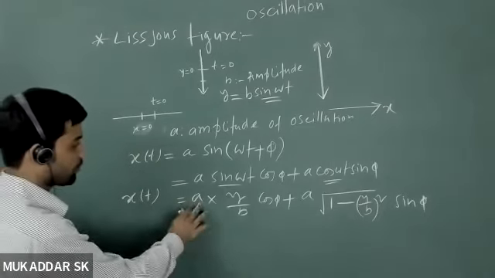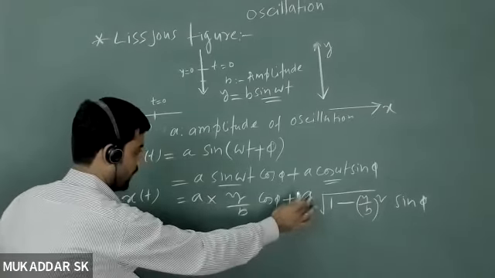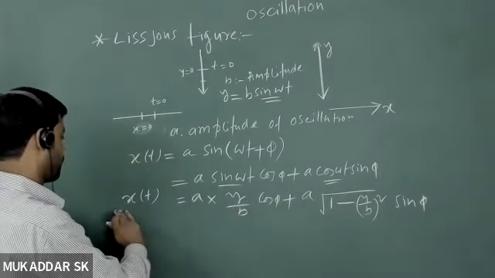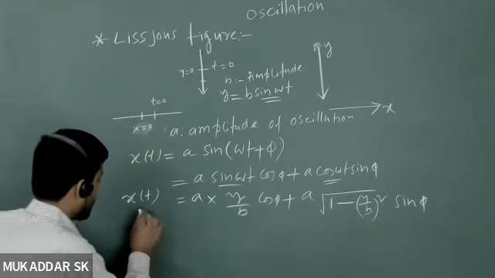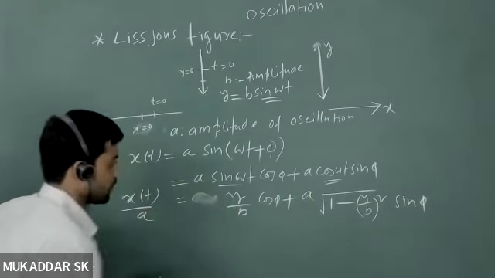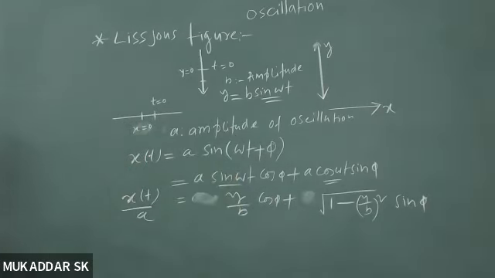Now you see, a is common in this term also. I can take this a outside and divide on the left hand side. So I can write x by a equals this, right? Is this part clear?